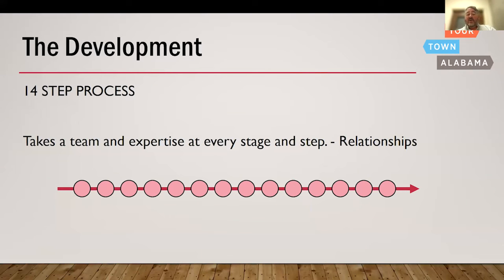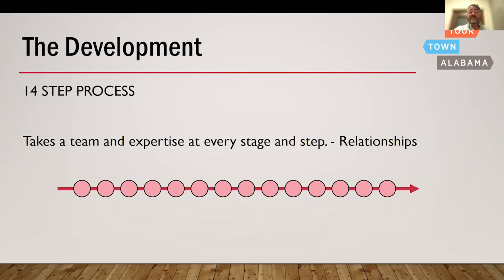Generally, we have one individual, the developer, who's leading the project through this entire process. But that's not always the case. And that developer could also be an owner. The developer could also be the tenant. And so that developer could wear different hats and have different roles as we move through this process.